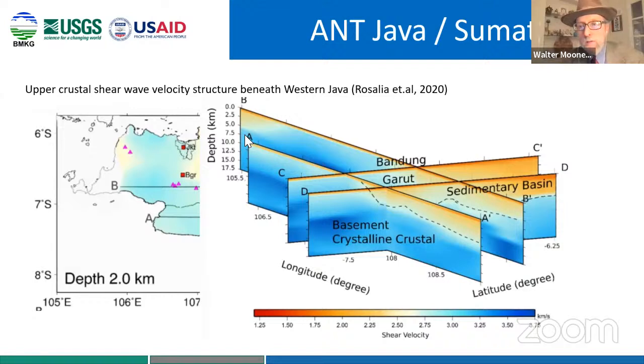So there's a question in the chat box from Marcelli, Justia, Ms. Vita: how many data is used in your research? I think maybe the question is, how many seismic stations are you using?